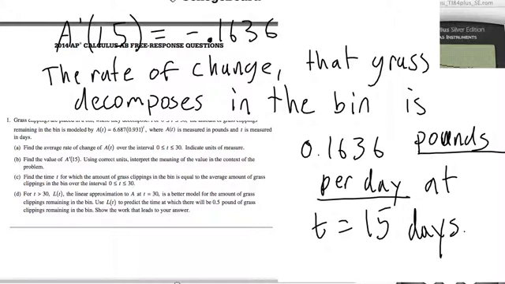So don't say it's the amount of grass still in the yard, or it's the rate grass is added to the bin. Don't change the meaning, right? A of t is the amount of grass that is in the bin. So this is the rate it's decomposing in the bin, right? Get the words like in the bin. Oh, we have t equals 15 days, right? Okay, so that's B.